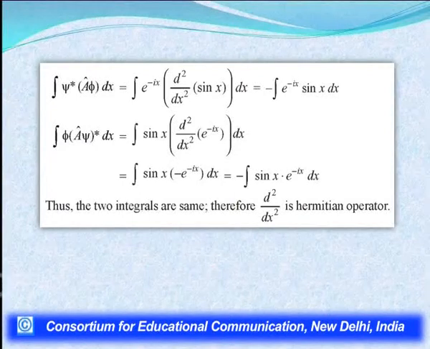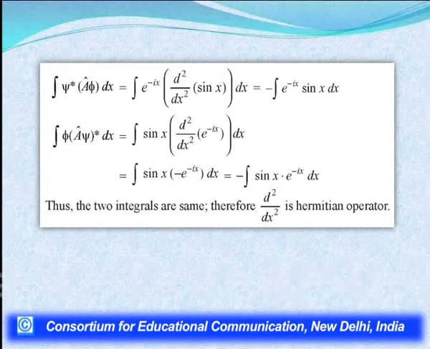So again I'll land up at the integration of sin x, and then in the bracket, the double differential answer, that is minus e to the power of minus ix, into dx. So the answer is again minus sin x e to the power of minus ix dx.